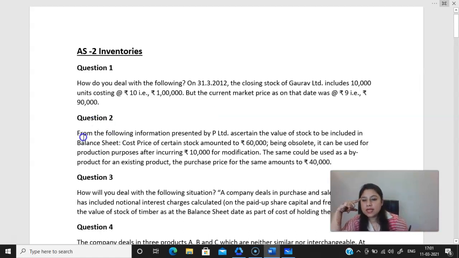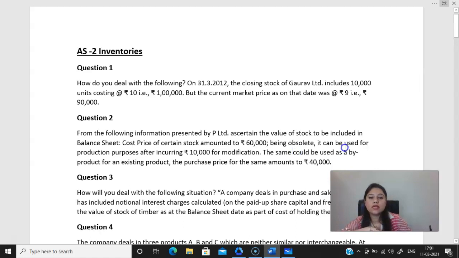Question number 2 says, from the following information presented by P Limited, ascertain the value of stock to be included in the balance sheet. So we have the cost price that has been given to us of a certain stock, which is amounting to rupees 60,000. However, such stock has become obsolete.